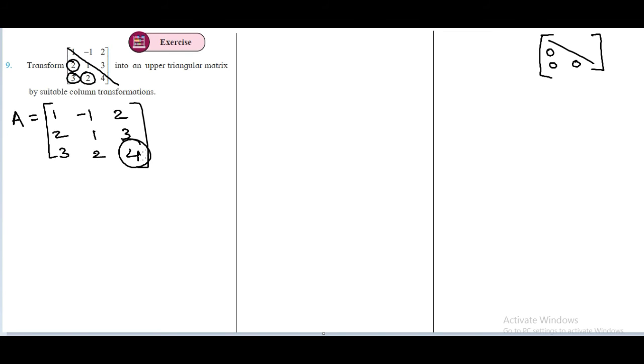I'll bring 1 at this position. So how can I bring 1 at that position? I'll multiply third column by 1 by 4. That will help me bring 1 at that position. Okay, so the new matrix that I will get is 1 2 3, minus 1 1 2.